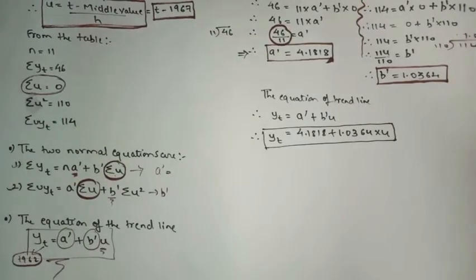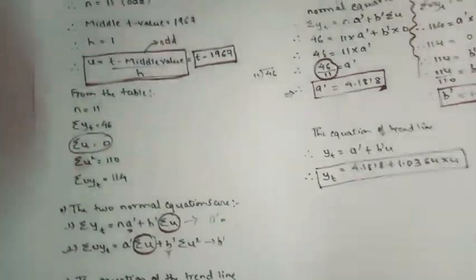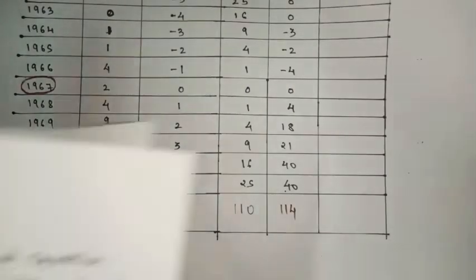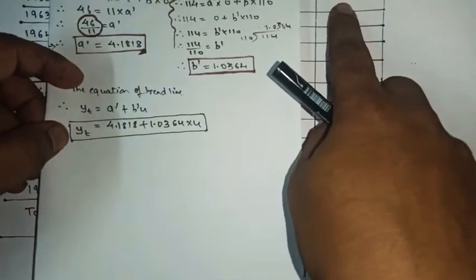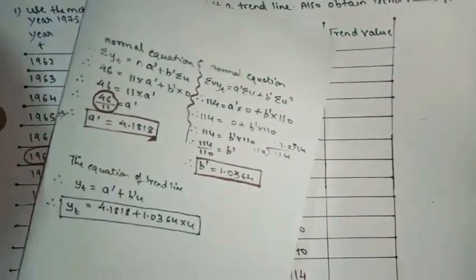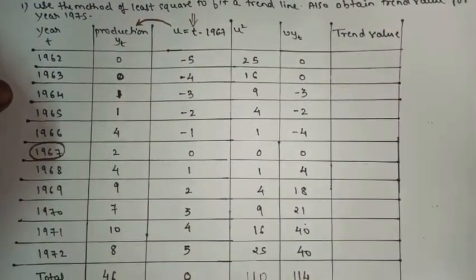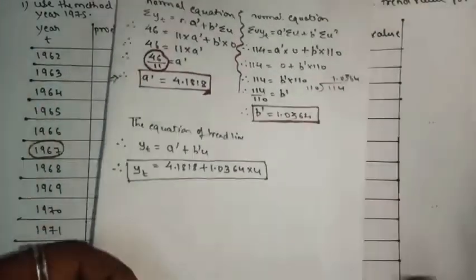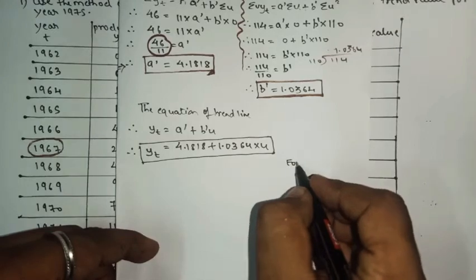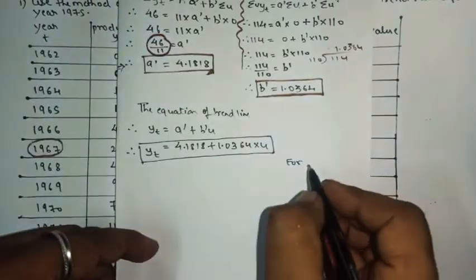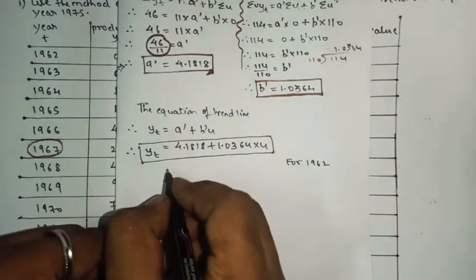Now simply what you will do, listen here. Now we'll see how to find the values. Now we have to find the trend value for each and every row. Suppose we have to find for 1962.